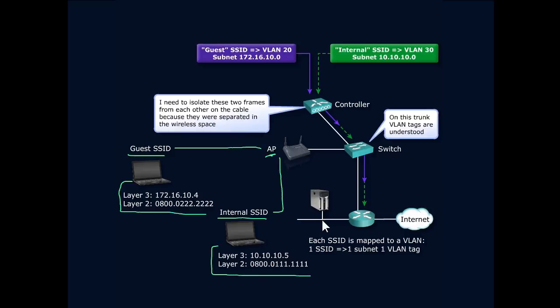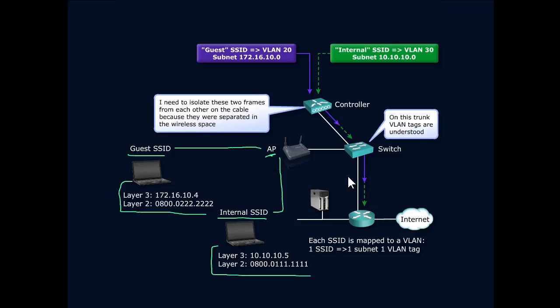Now, what we're going to see is that this isolation that we have at the access point level is great, but we have to make sense of it in the wired network as well. In the wired network, we create that same type of virtual separation. Instead of two physical access points with two physical different SSIDs, we logically do it with two SSIDs on the same access point, right?